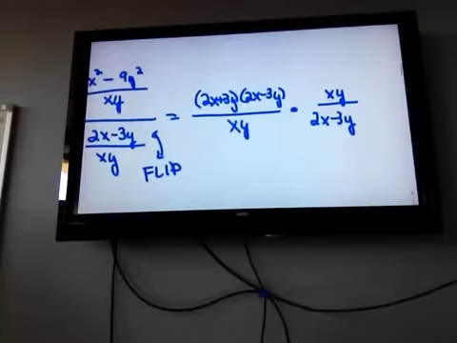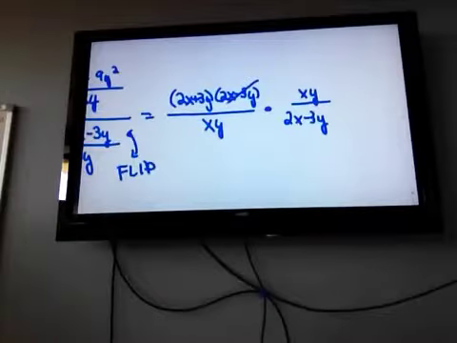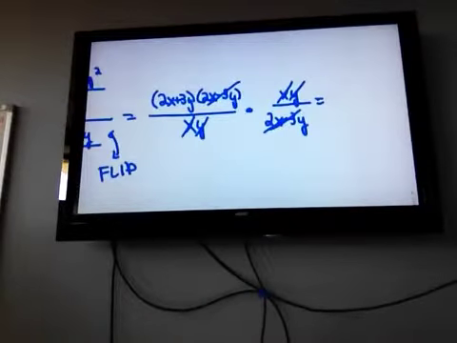And then we're ready to cancel. 2x minus 3y with 2x minus 3y. Whole quantity, whole group with whole group. And then x with x and y with y. Leaving me that one lone parentheses, 2x plus 3y. With or without the parentheses, it doesn't matter.